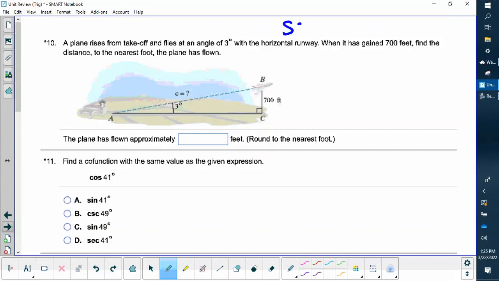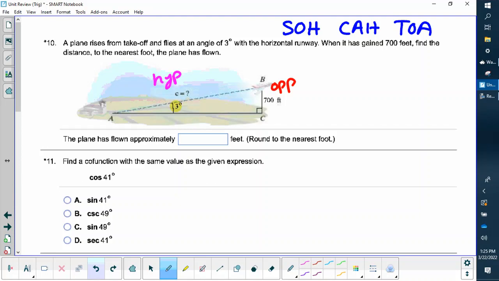So again, SOHCAHTOA. Okay, here is my reference angle. Name stuff again. This is across from it. We're going to call it opposite. This is across from my 90 degrees. We will call it hypotenuse.